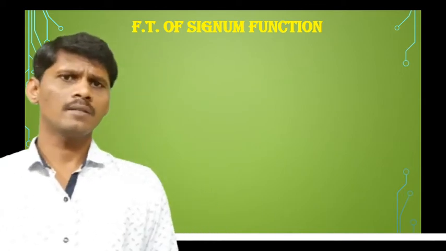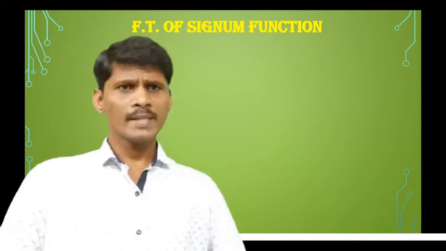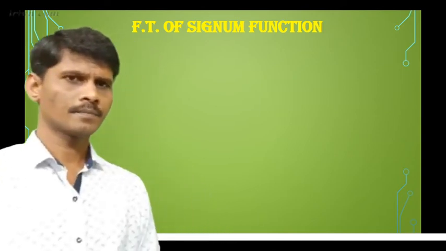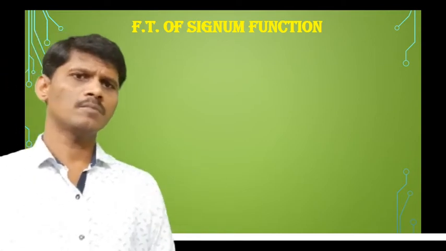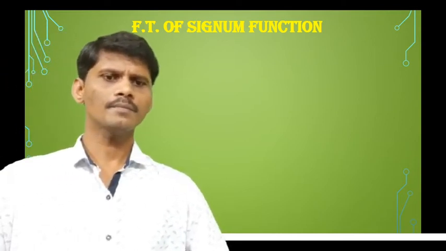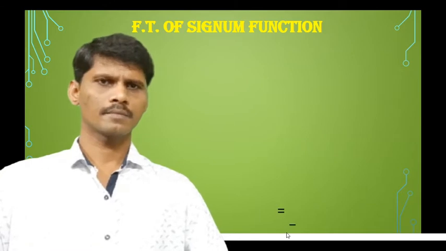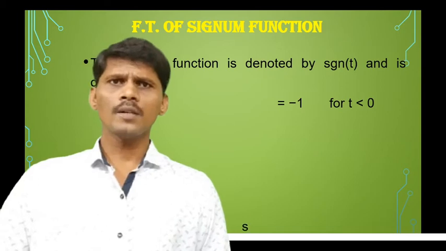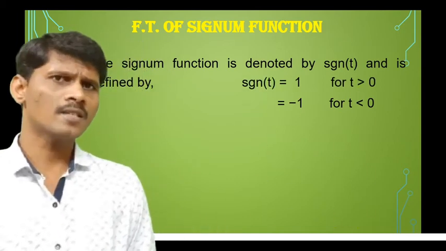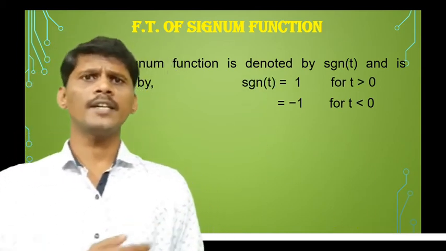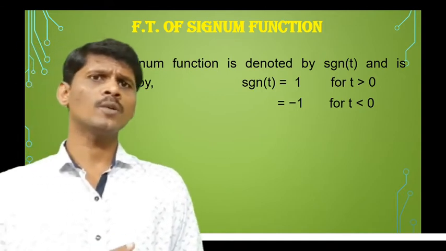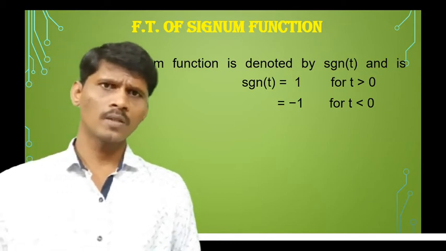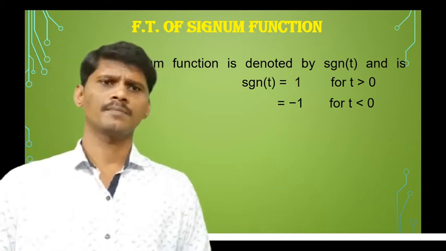Next concept, Fourier transform of a signum function. What is the definition of the signum function? The signum function is defined as signum of t is 1 for t greater than 0, signum of t is 0 for t is equal to 0, and signum of t is minus 1 for t less than 0.